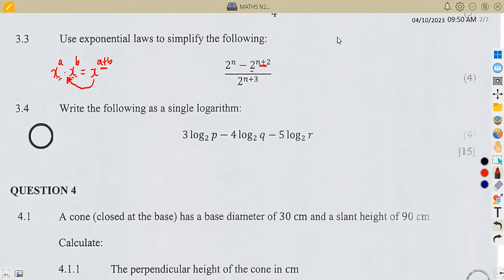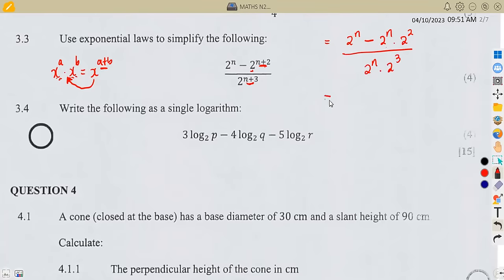So this whole question was supposed to be 2 to the exponent of n minus 2 to the exponent of n times 2 to the exponent of 2. This is before the exponents were added together; we were multiplying the bases which are the same. Everything over the same scenario here: 2 to the exponent of n times 2 to the exponent of 3.